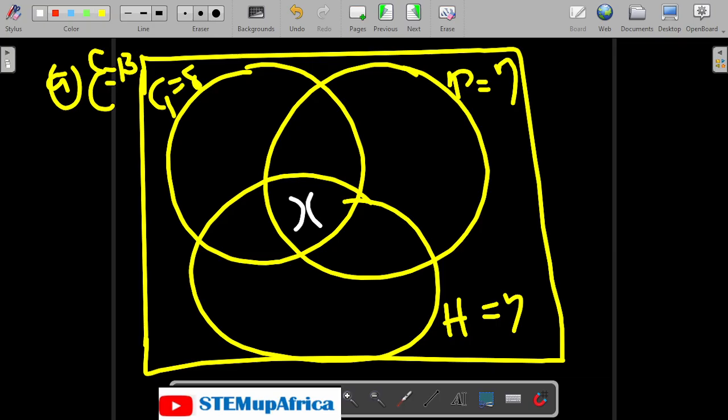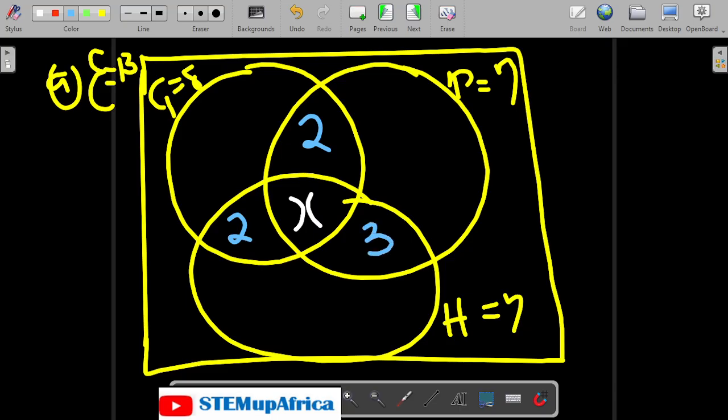I'll have X here. Then 2 teach geography and government only, which is here. Here becomes 2. Then 2 teach government and history only. Here becomes 2 also.